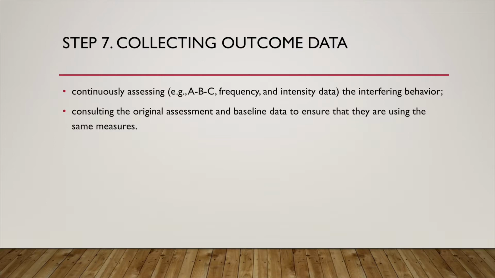So the next step would be collecting outcome data, of course, to determine the effectiveness of the DR procedures and whether modifications are necessary. So we should continuously assess the data, like ABC, frequency, and intensity data, and also consult the original assessment and baseline data to ensure that we are using the same measures.